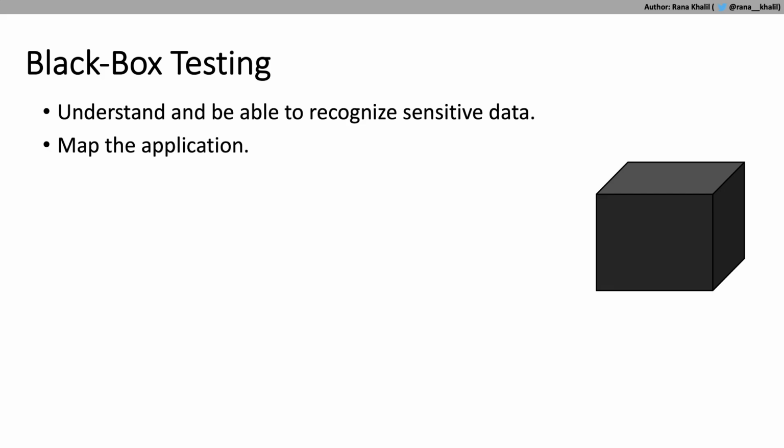The next thing that I usually do is just map the application. So visit all the different pages in the application and then go through all the workflows while intercepting and then reviewing all the requests and responses in an intercepting proxy like Burp. So a lot of the time you'll see that information is disclosed by design. So an example of that is the login page that gives an error message.